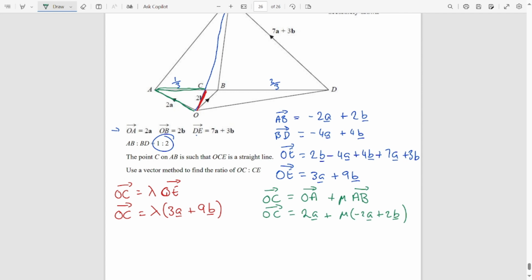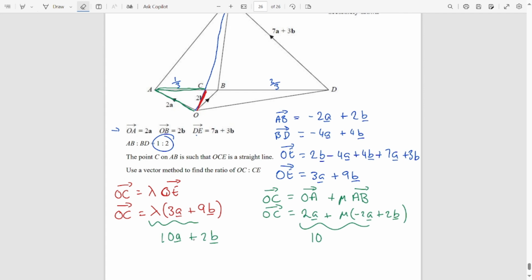And what we are going to now say is because this is the same vector, however many A's we have over here must be the same as how many A's we have over here. So for instance, if this red vector was like 10A plus 2B, then it means that the green vector must also be 10A plus 2B. They need to match because they are the same vector.